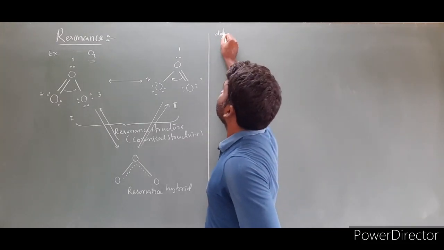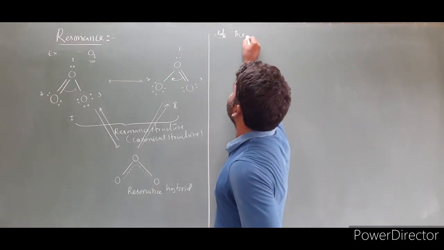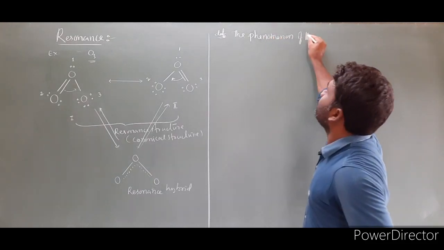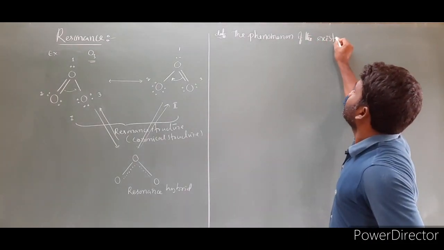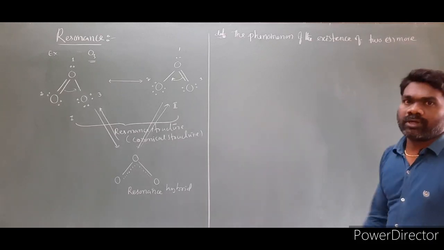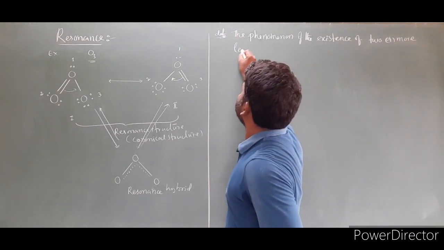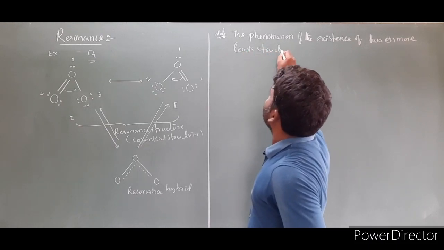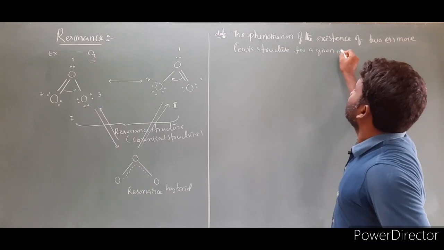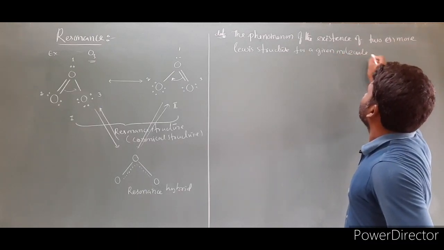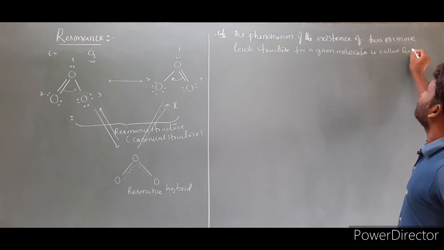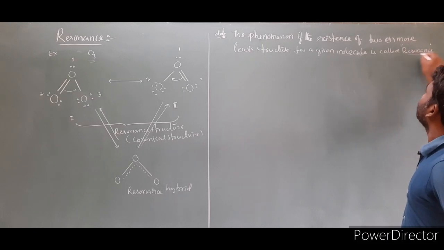Point number 1, definition. The phenomenon of the existence of two or more Lewis structures for a given molecule is called resonance.